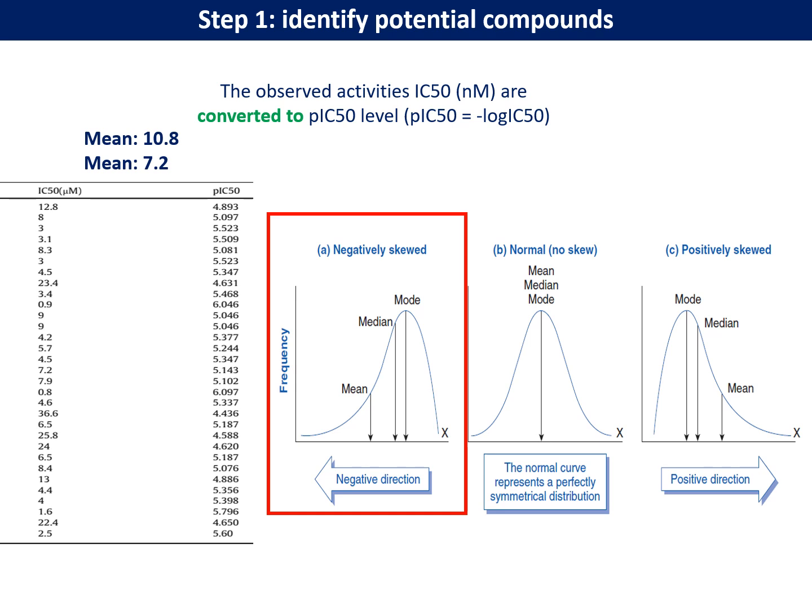So here, my average IC50 is around 7.2, and the median of the compounds is around 10. I'm sorry, it is median, not mean. It means that my median is higher than the mean, so my data was negatively skewed.